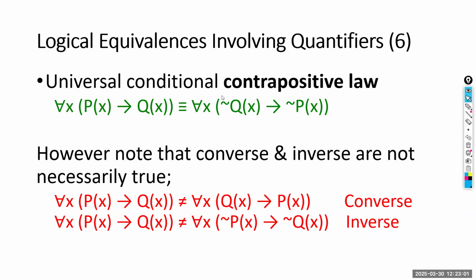Right, so this is another one. This is called the contrapositive law. For all x, p(x) implies q(x) is equivalent to for all x, not q(x) implies not p(x). Of course, if you can't memorize this, that is fine. Even I don't memorize these things. But can you at least look at it and convince yourself?